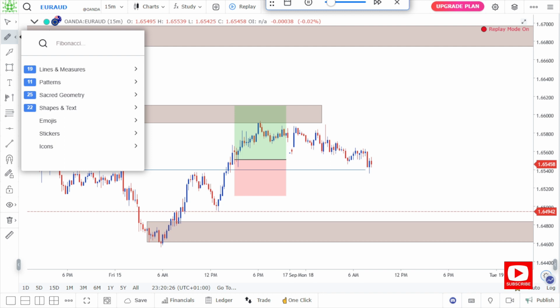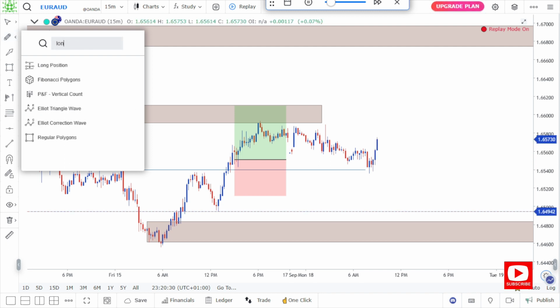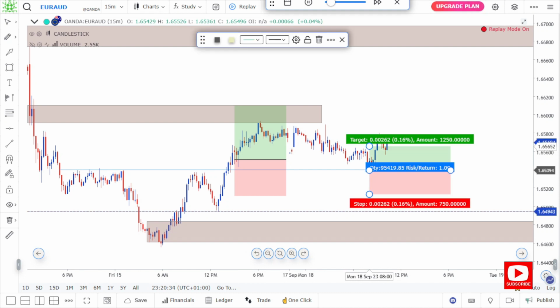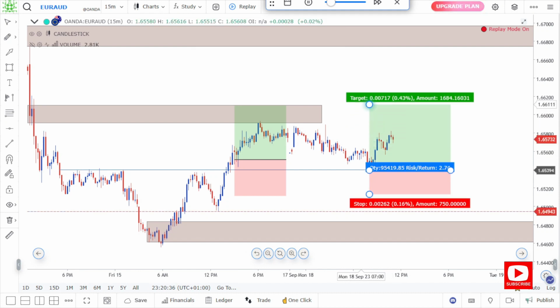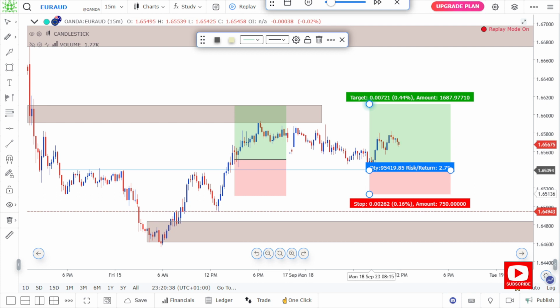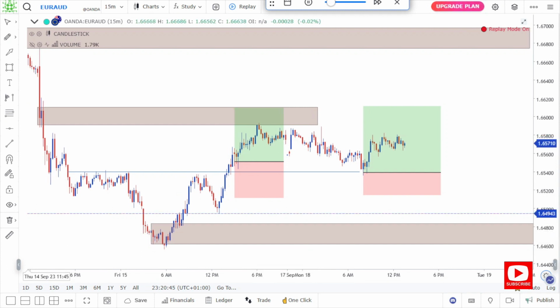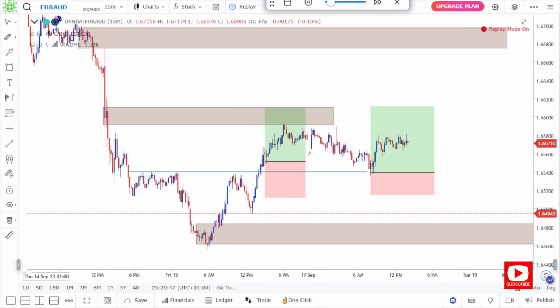Now we have our retest. We enter another long position right here. Target still the first zone. Price is still soaring, and you can see our TP was touched perfectly.